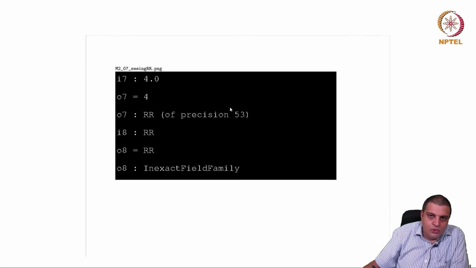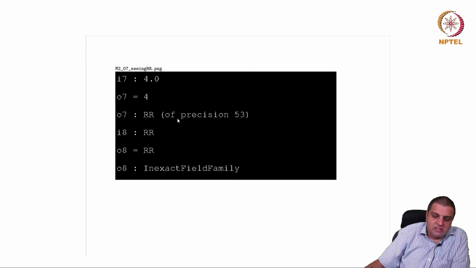Earlier ZZ and QQ didn't say that, and so I type RR, and unlike a ring, it now says inexact field family. And the reason for this is, in finite precision, you cannot write all real numbers. So RR is implemented as a family of fields, depending on the precision that one needs. And here the 53 is the default precision, and it just shows that.